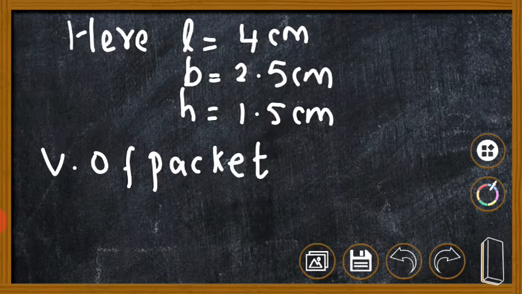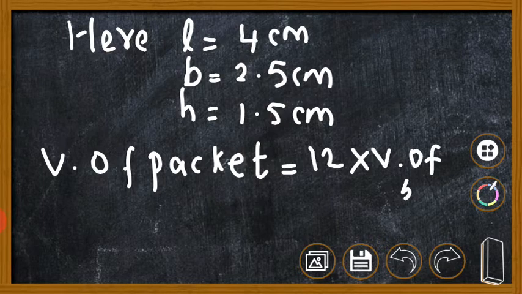But how many boxes are there in one packet? It is 12. So volume of packet is equal to 12 into volume of one box. Since the box is in the shape of a cuboid, the final answer will be 12 into volume of box. What is that?